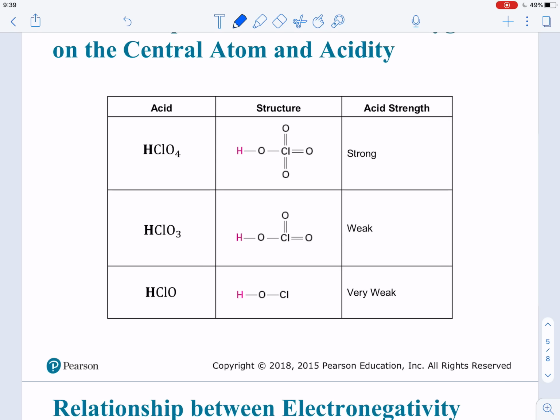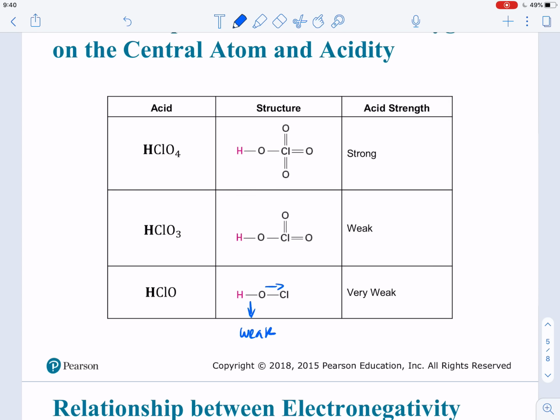So remember, the chlorine is trying to pull electrons from the oxygen, okay, and in doing so makes that bond weak, correct?